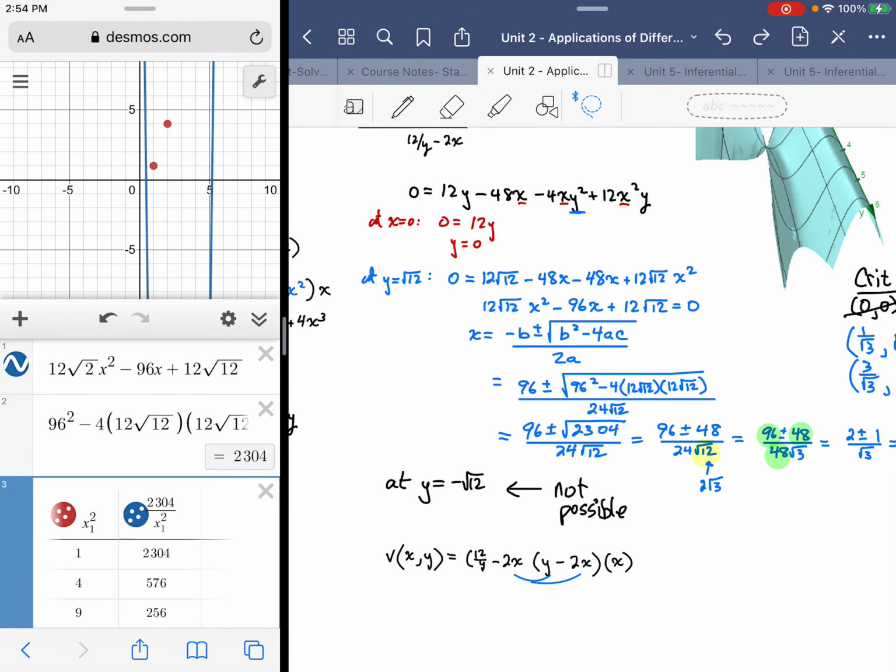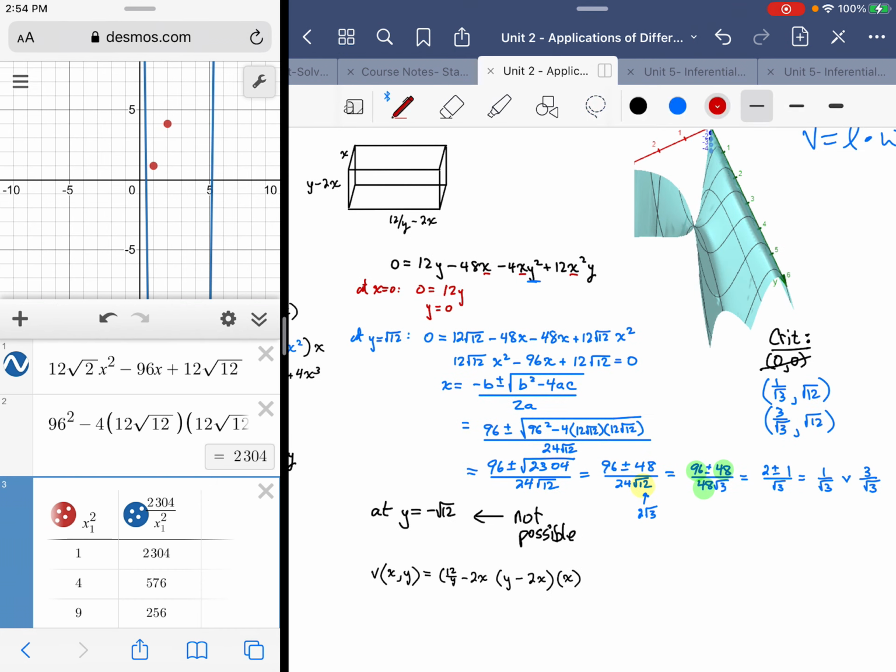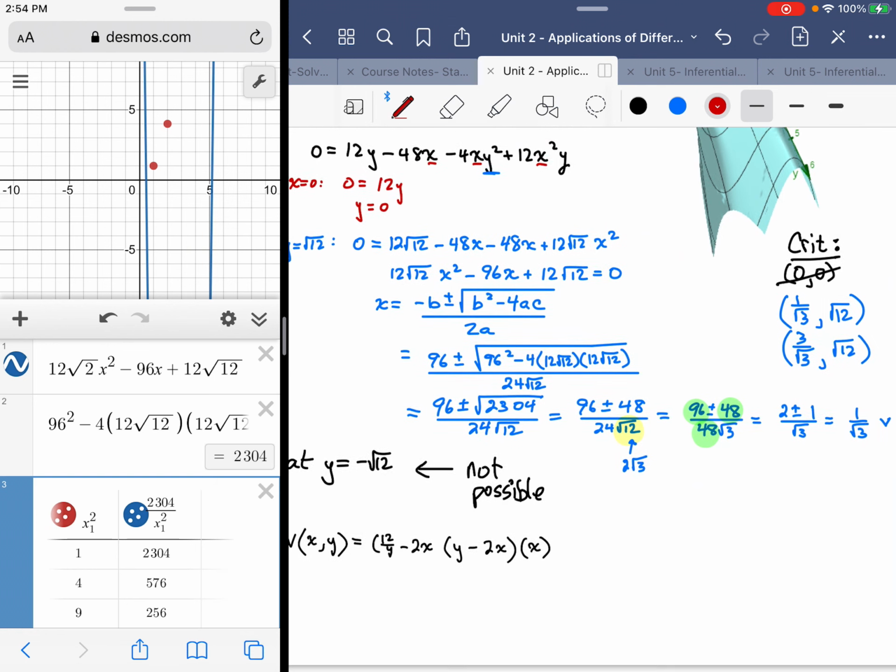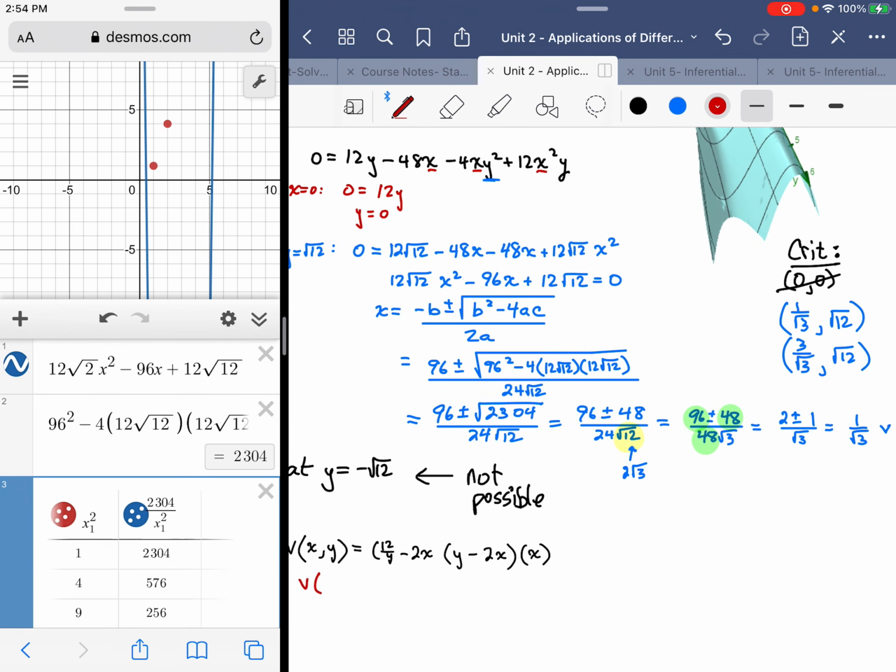For these two critical values, I would just be looking for the one that gives me the larger value. All right, so, because I have an x and a y, I'm looking for v of 1 over rad 3 comma rad 12, v of 3 over rad 3.